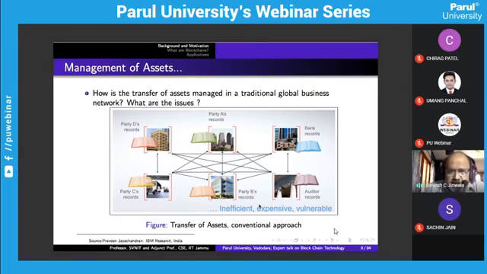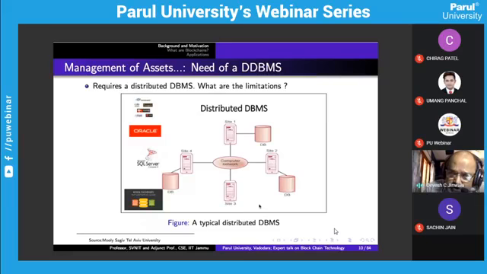So essentially, the question which we would be raising: this kind of environment, I must also mention, requires the underlying support from a distributed database management system to store the data. Now try to apply your database knowledge. In a database management system, you would see that data will be of two types.